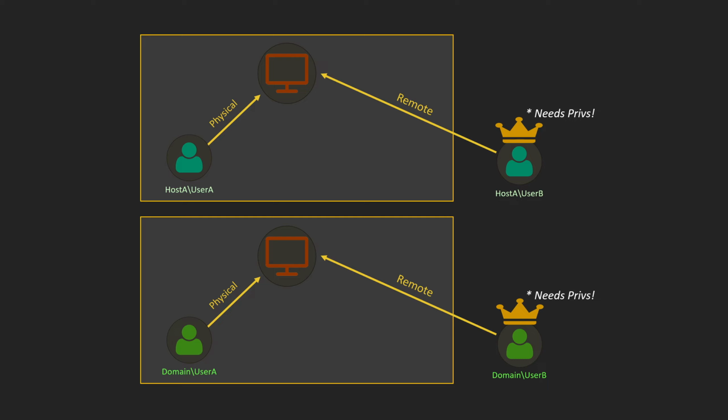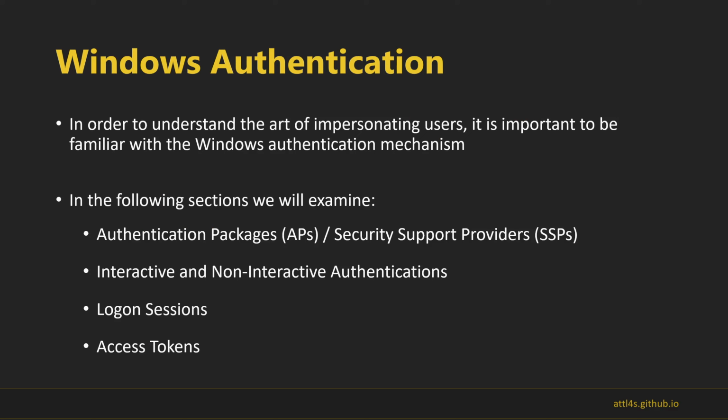But if you are not using that account and user account control is configured on the system, it might happen that your context is downgraded and you are not able to perform remote tasks as easily as with a domain user. So please note that.